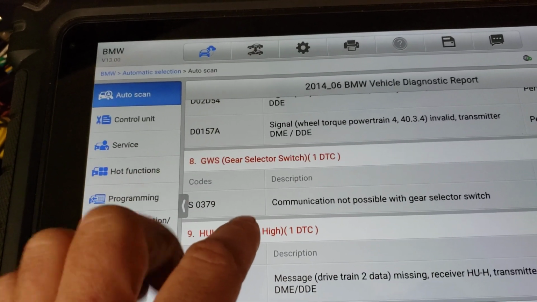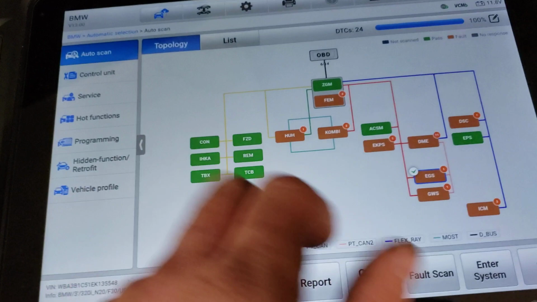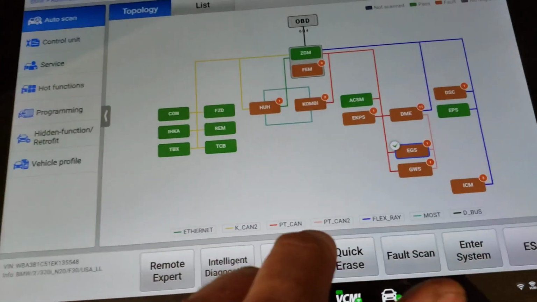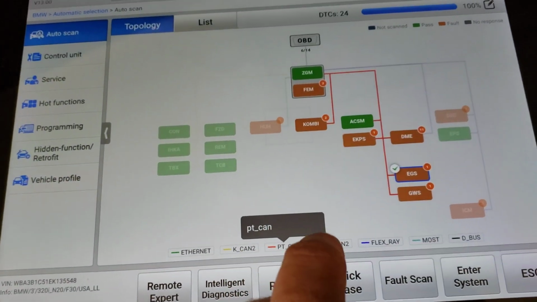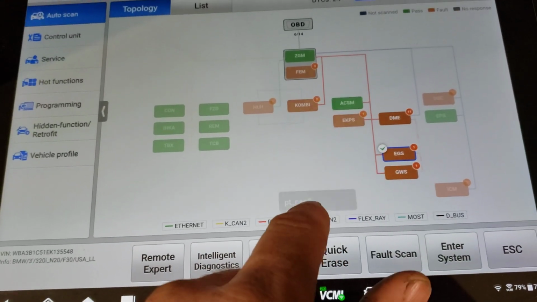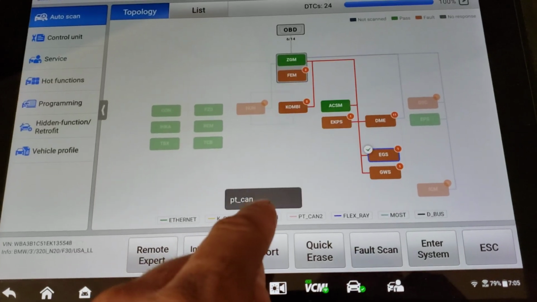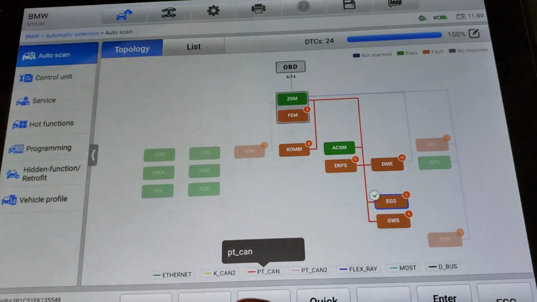Gear selector switch: communication not possible. Anyway, if you go back to this topology here, PT CAN 1 is this one here. PT CAN 2 is this one here. All the issues we're having are on PT CAN 1, it seems.